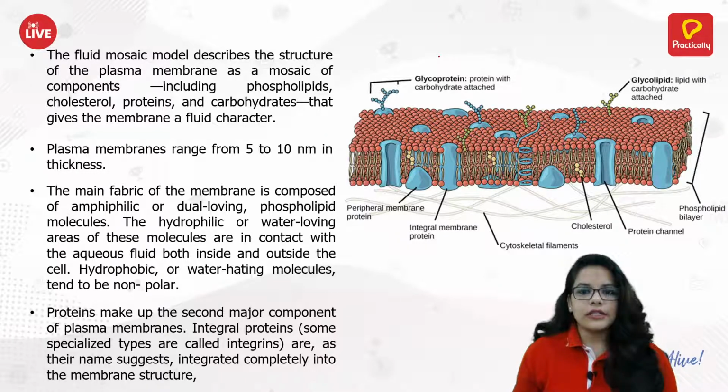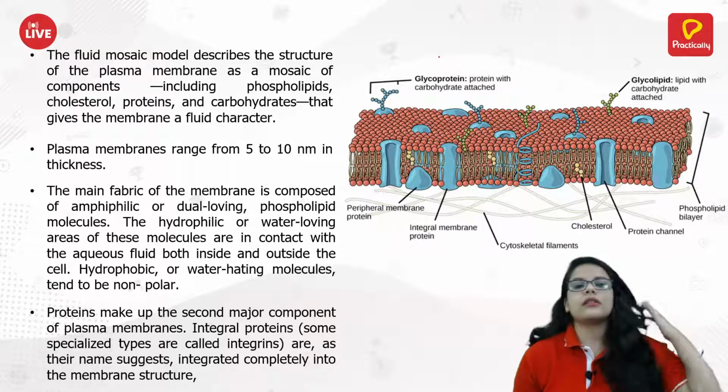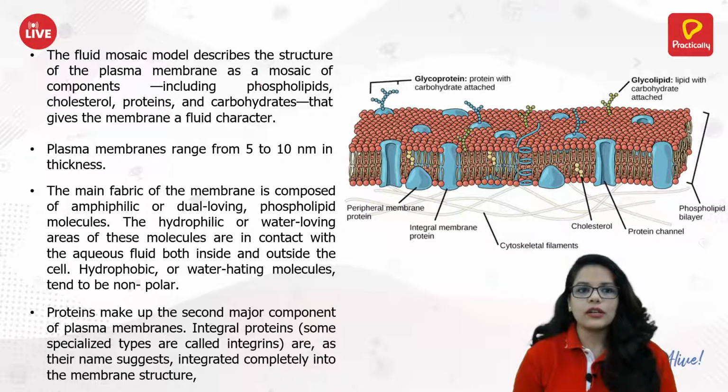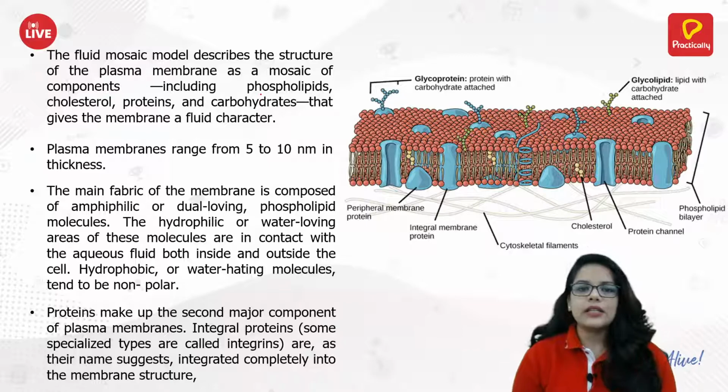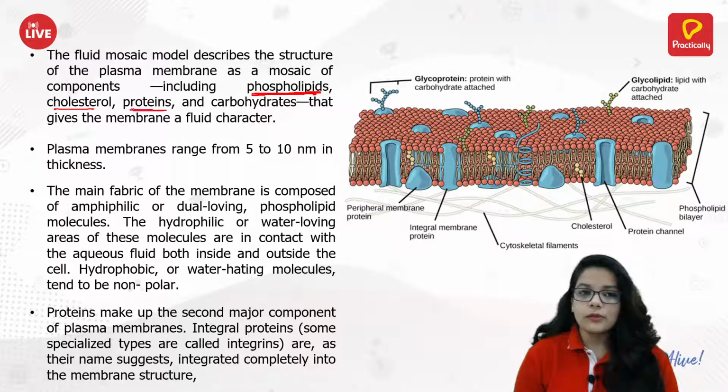The first thing the fluid mosaic model says is that the cell membrane consists of not only proteins and lipids, there are actually a lot of things embedded in it. First is the phospholipid, the most important part. Apart from that, there are some cholesterols, proteins are also quite important, and there are some carbohydrates.